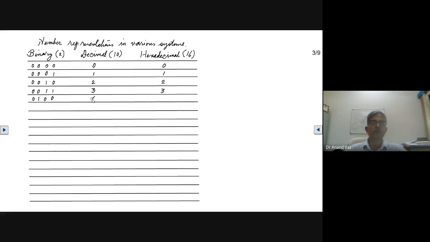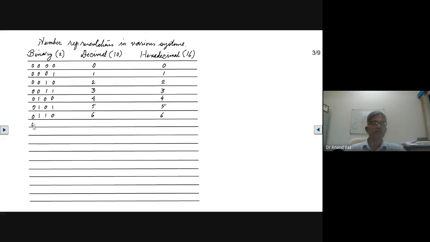This is 4, this is also 4. Then 0, 1, 0, 1, this is 5, this is also 5. Then we have 0, 1, 1, 0. This is 6. This is also 6.